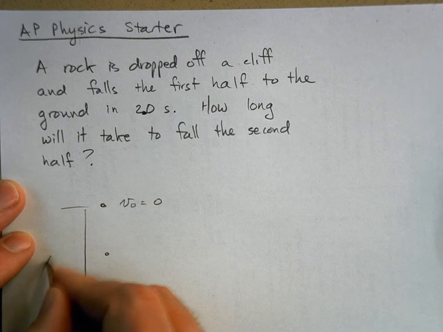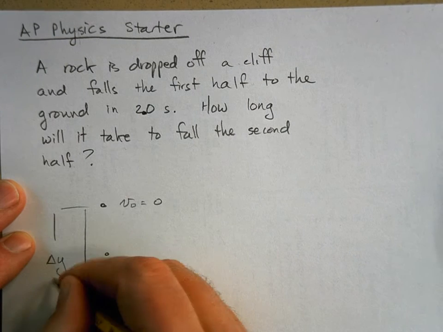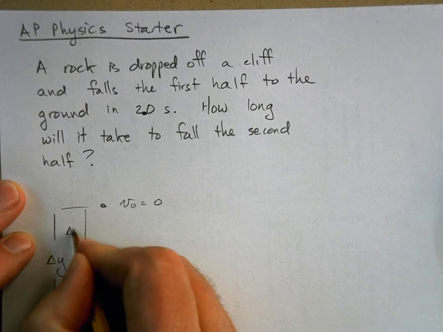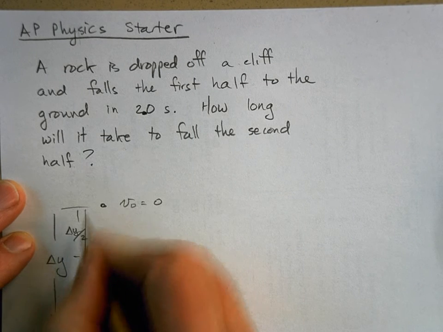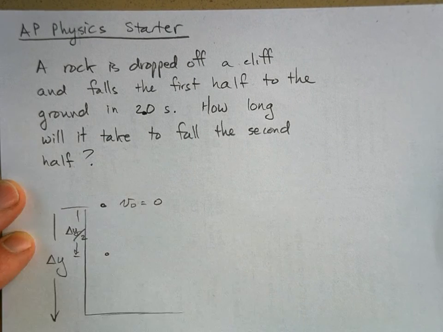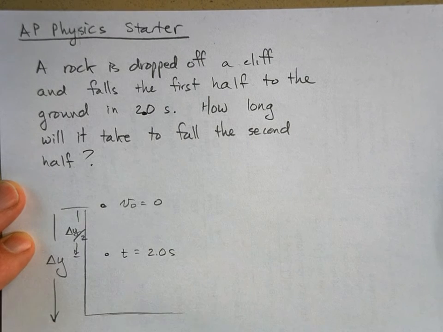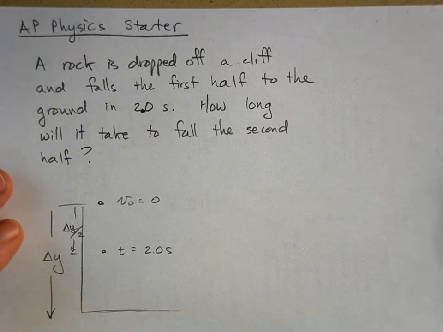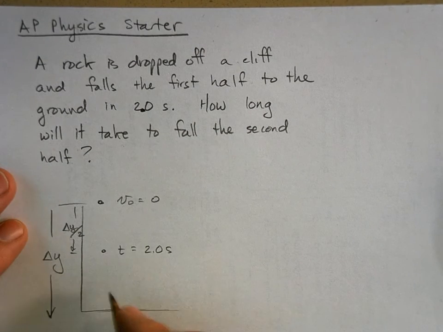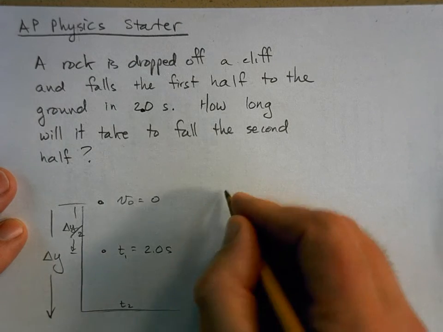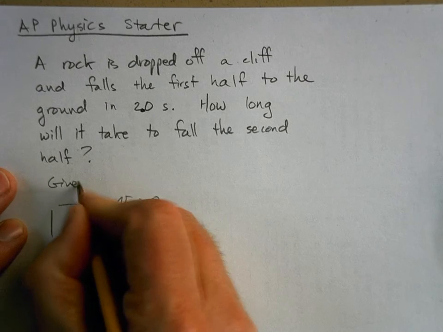If this is delta y all the way down, I'm going to call this delta y over 2 from there to there. And I know that the time here is equal to 2.0 seconds. Here we'll call this T1, and then T2 is at the bottom. So really this is what's given.